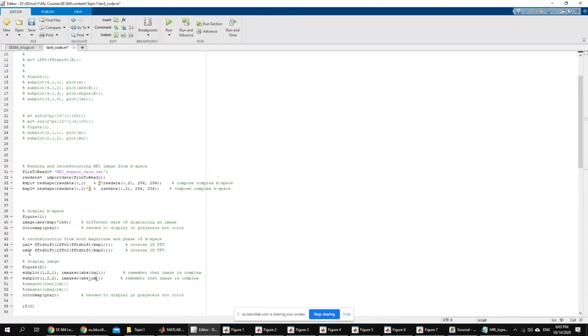This is image 1 and image 2. So let's try that. We're going to get two images now. The K-space is exactly the same. I can put here K-space 1 or K-space 2, because I'm taking the absolute value. It's not going to make any difference because absolute value will not look at the j. We'll take this square plus this square under the square root, so it will not matter. So any one would be the same.